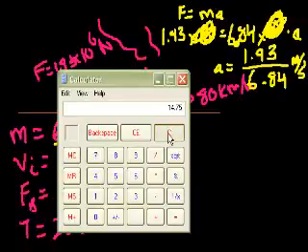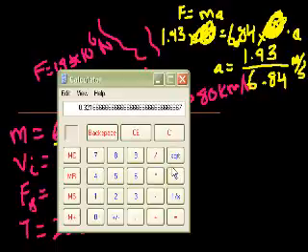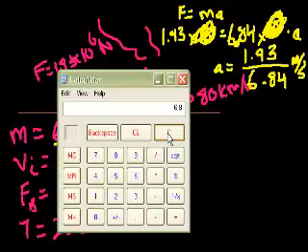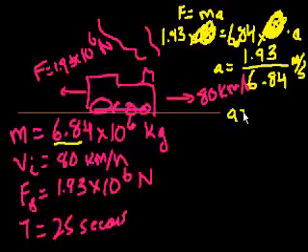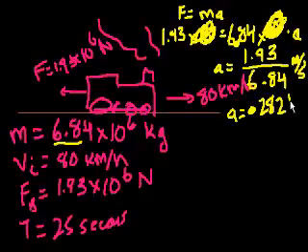I don't want to waste your time reviewing how to divide decimals, although that might not be a bad review, most people forget. 1.93 divided by 6.84 is 0.282. So acceleration is equal to 0.282 meters per second squared.